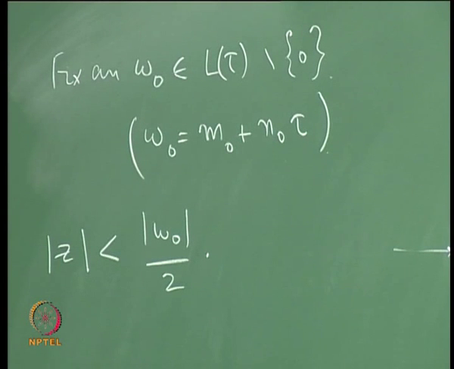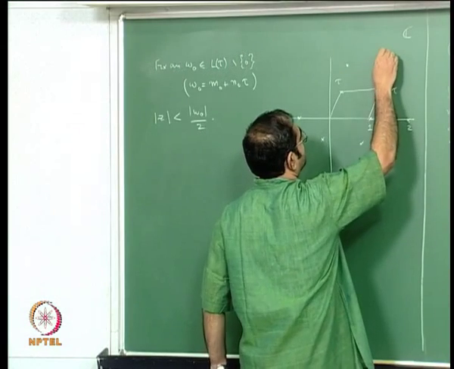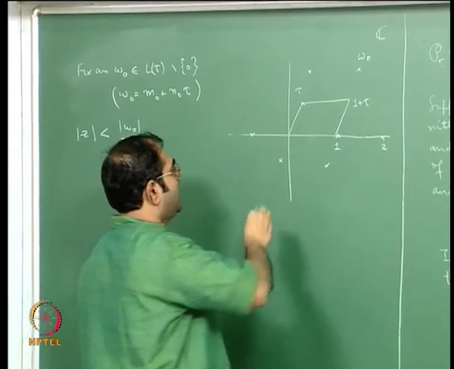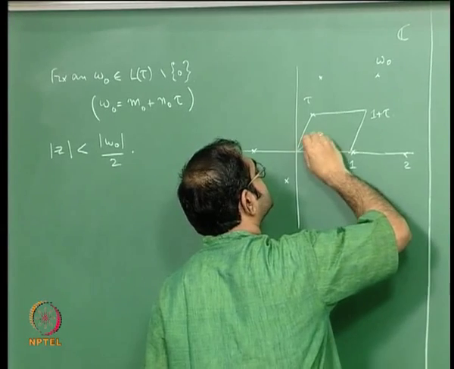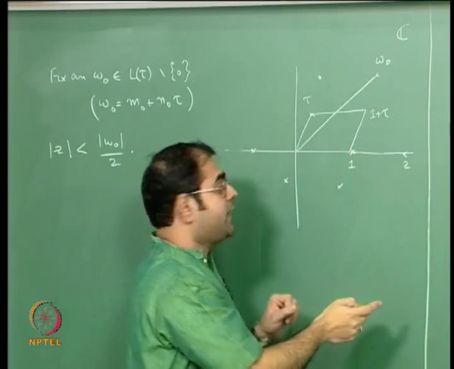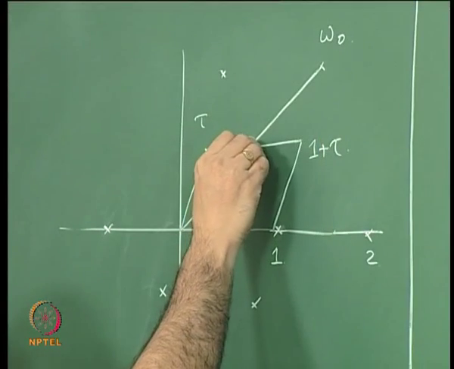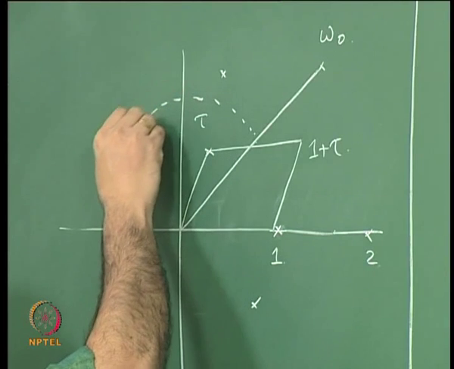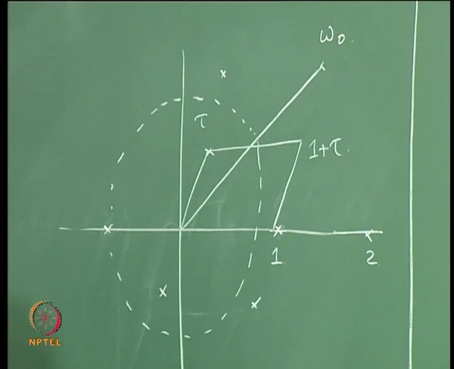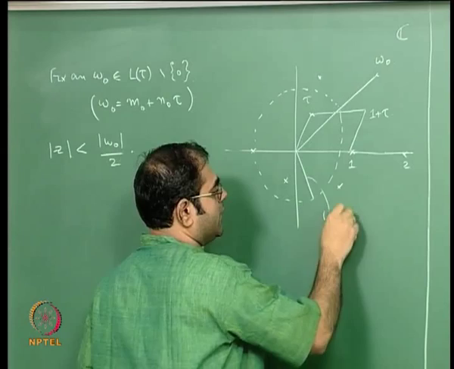I am going to look at this open disk. Omega naught is some point of the lattice, this is the vector that represents omega naught, and the length of this vector is mod omega naught. Mod omega naught by 2 is something here, and therefore I am looking at this disk, whose radius is mod omega naught by 2.